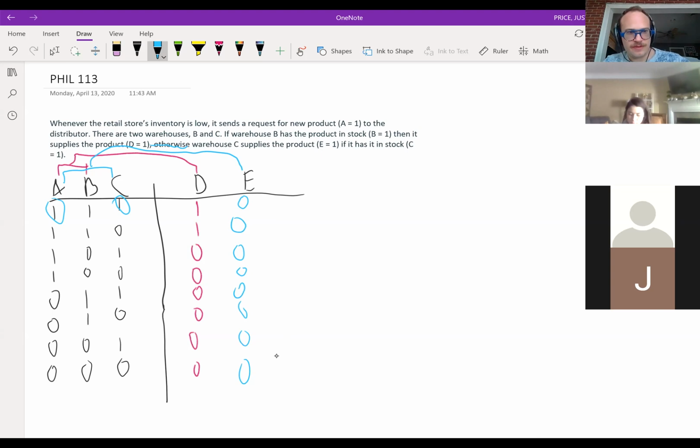Yeah, third line is 1. I was looking at B and C when trying to figure out whether that was 1 or 0 on the E output. Okay.